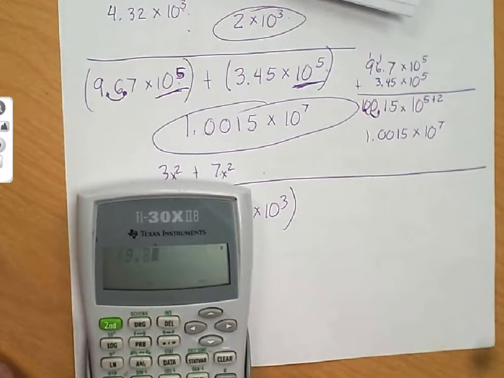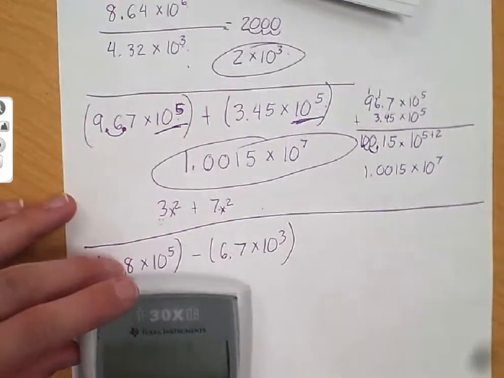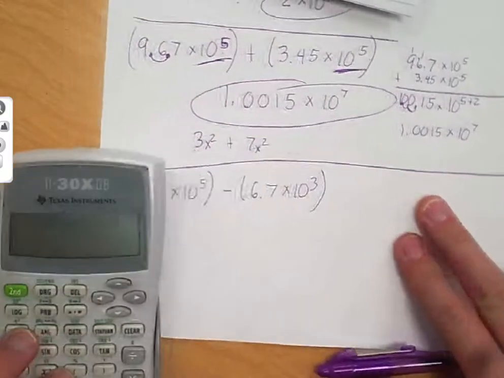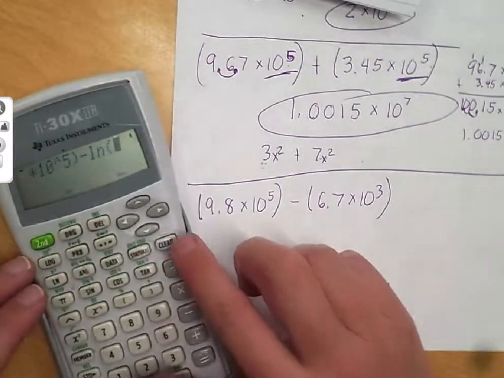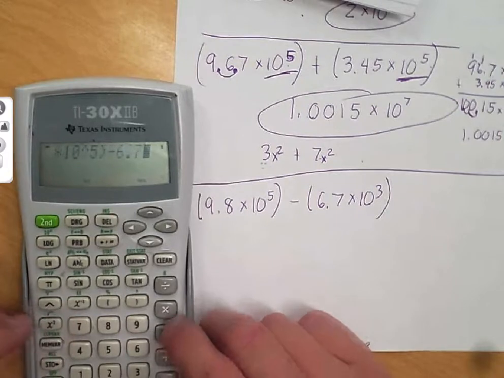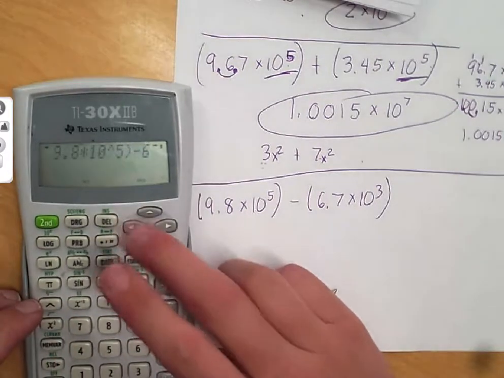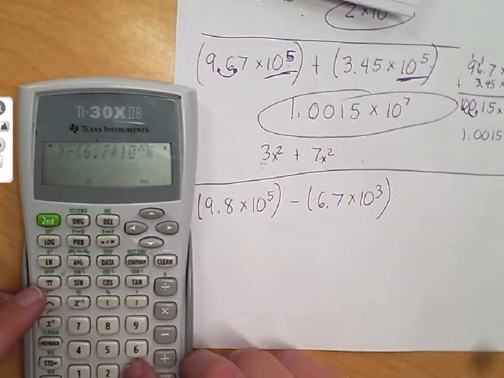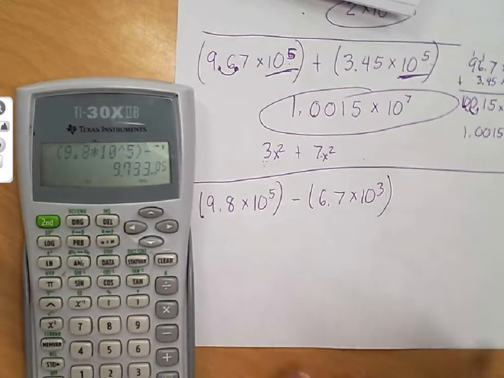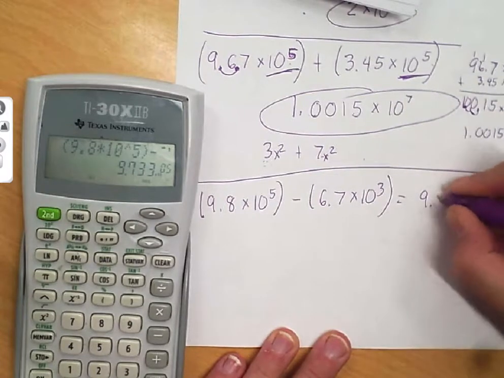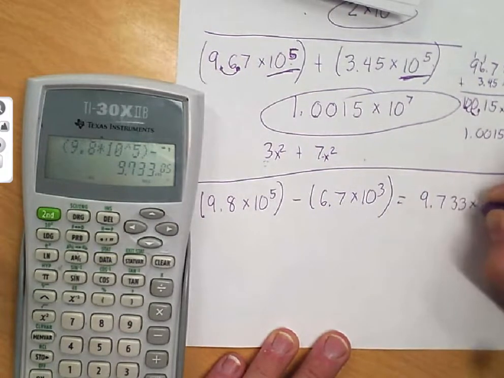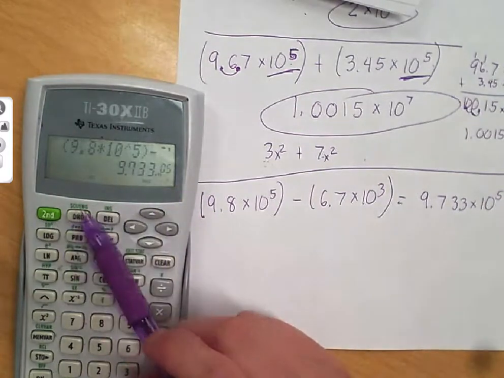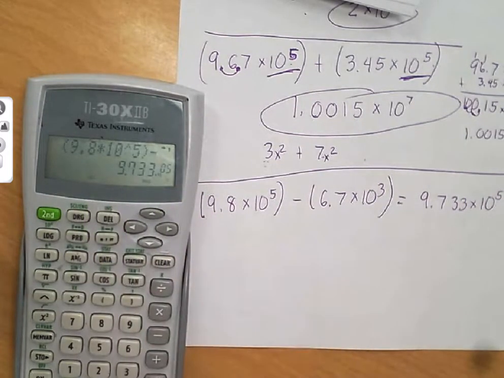Open parenthesis 9.8 times 10 caret 5, close parenthesis, minus, oh, I forgot my parenthesis, open parenthesis, 6.7 times 10 caret 3, close parenthesis, and I get 9.733 times 10 to the 5th. You'll notice it automatically did scientific notation, because my calculator's in scientific notation mode from the last problem.